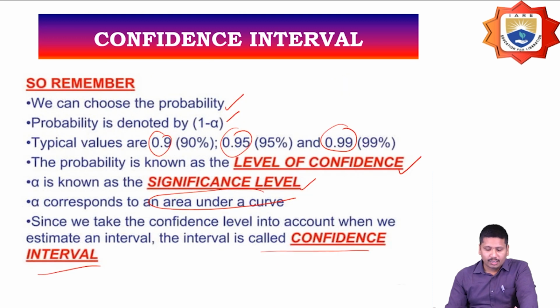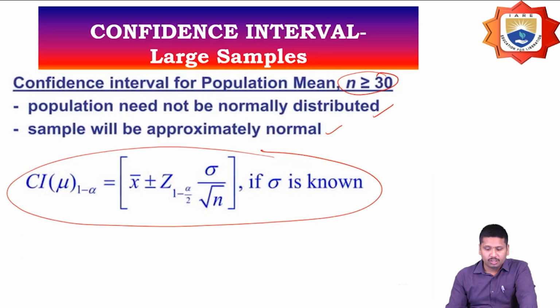In order to calculate this confidence interval, we have to find the level of significance, and how much level of significance has to be taken into account in the interval estimate values. That is treated as the confidence interval.